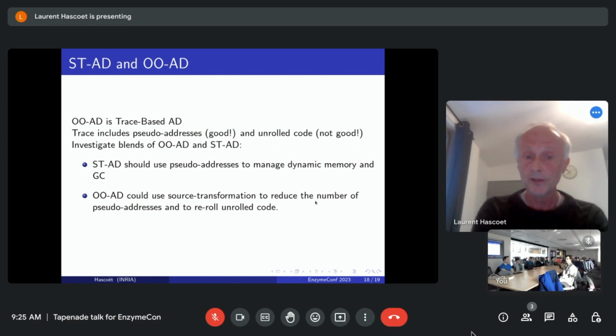Source transformation definitely should use the pseudo address and would benefit from the experience of overloading AD. And conversely, overloading AD could use some source transformation methods to reduce the number of pseudo addresses they use, because they have one per line, and to re-roll what's been unrolled in the trace.